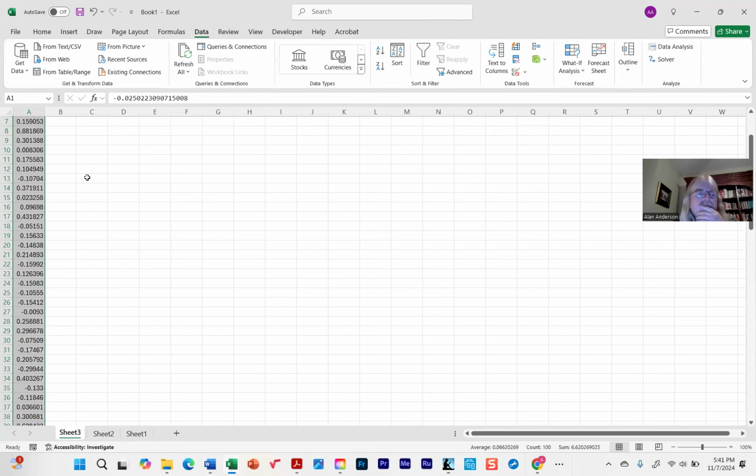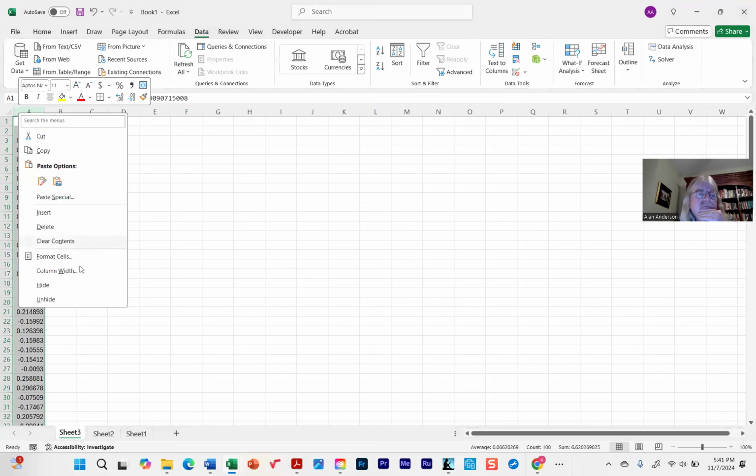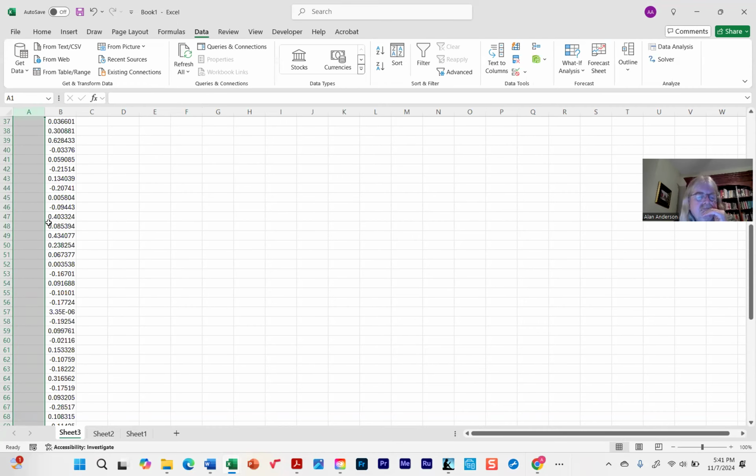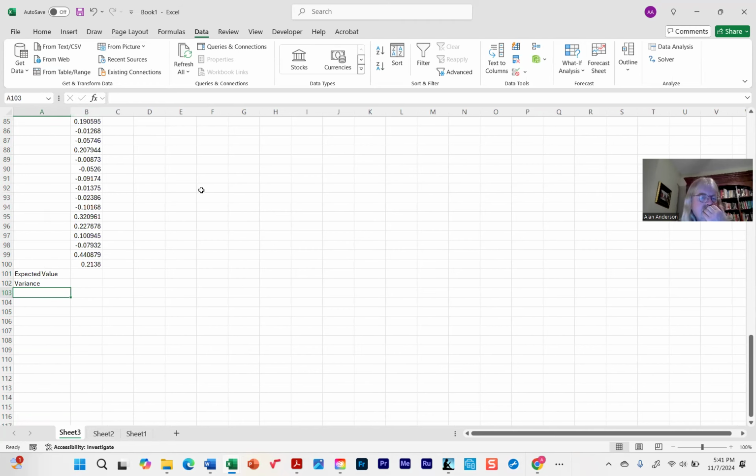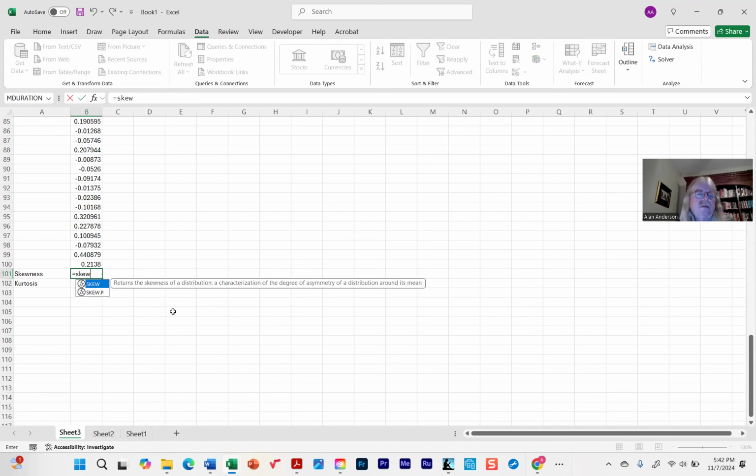Okay, so what I'm going to do is get into the bottom and calculate these moments. Actually, Excel doesn't have the expected value of the variance, so we'd have to do that ourselves. So let's just focus our attention on skewness and kurtosis. The Excel command for skewness is skew.